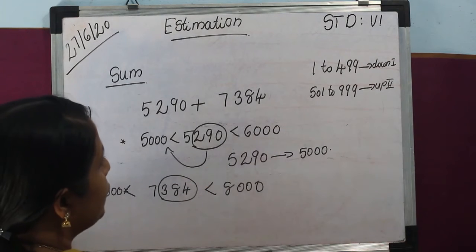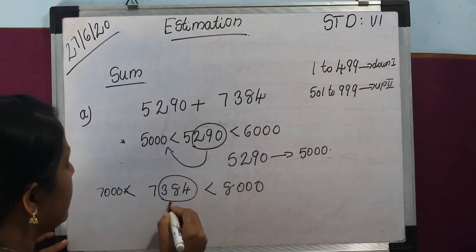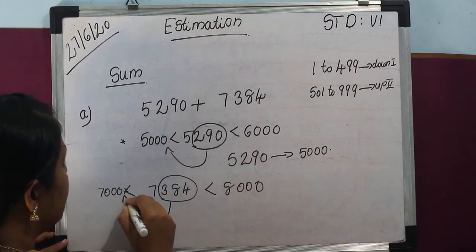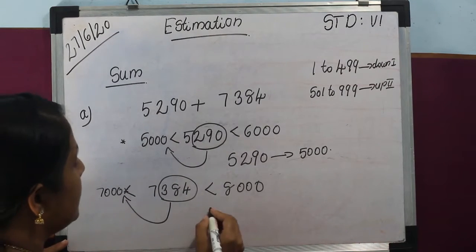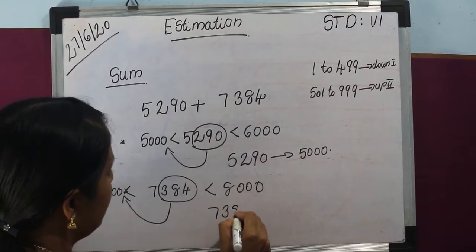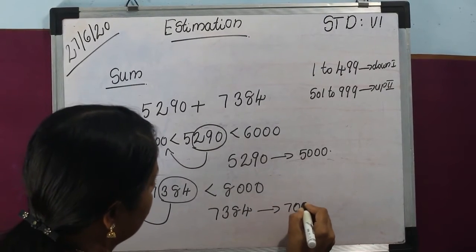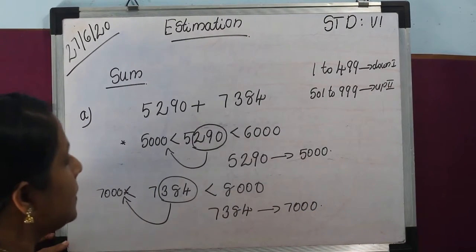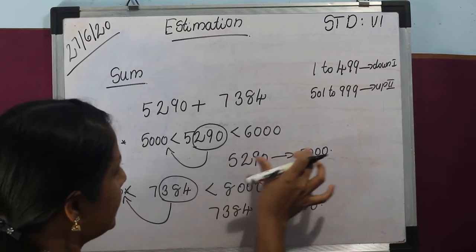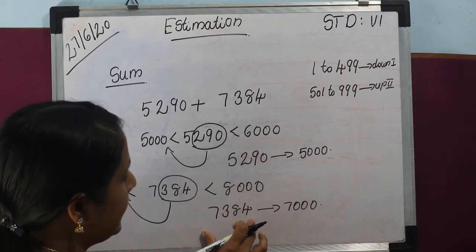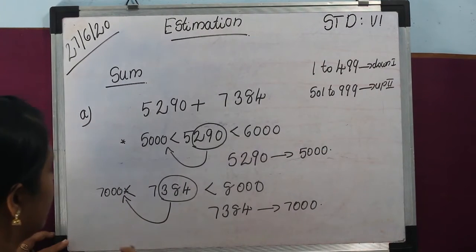Then 384 is rounded down to the first number. So 7384 is rounded down to 7000. So our number 5290 is 5000 and 7384 is 7000.